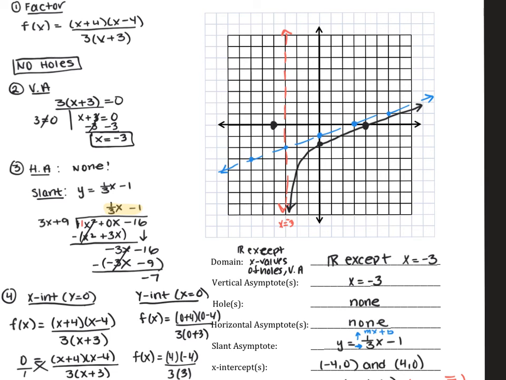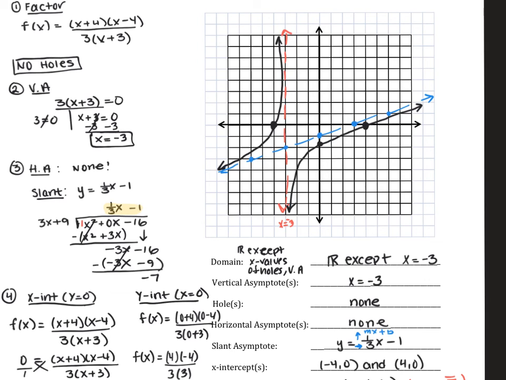So we can just go ahead and graph that here and here. So in this example, we actually don't need any additional points because the x and y intercepts kind of gave us enough information where we could just go ahead and sketch the curve.